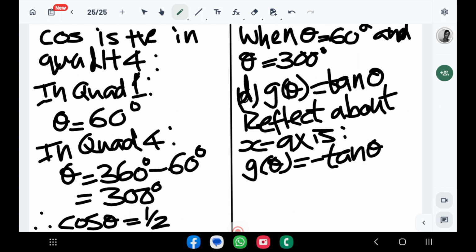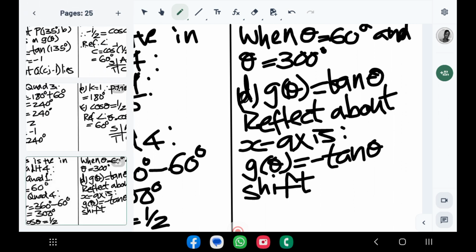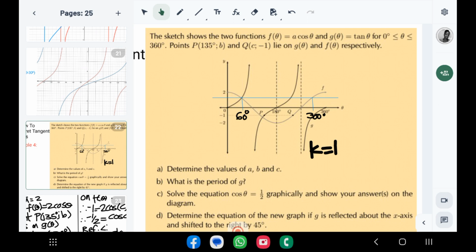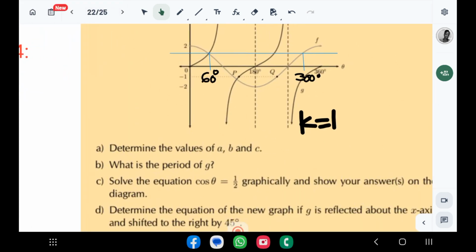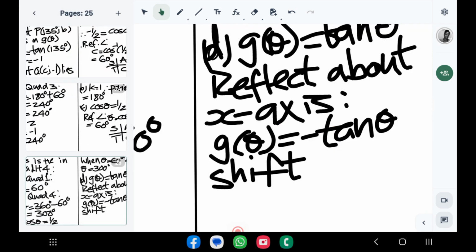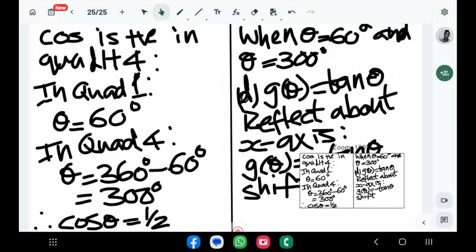Now when you shift the graph 45 degrees to the right, this is what happens. Shift 45 degrees right.